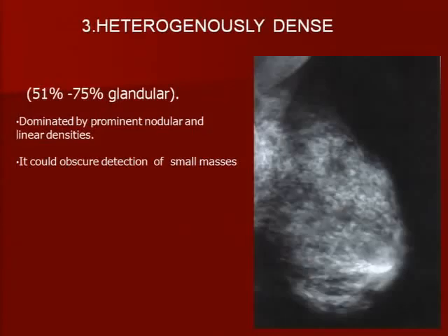Next will be 50 to 75 amount of glandular tissue. More glandular tissue, about 50 to 75, with a lot of prominent nodular densities. This may go with Tabar 4. And here, lesions may be missed.